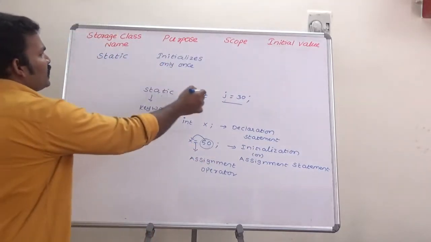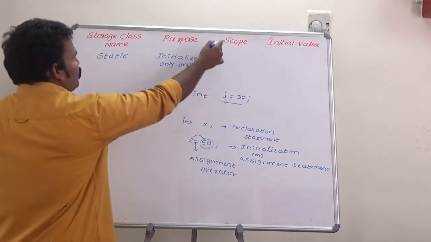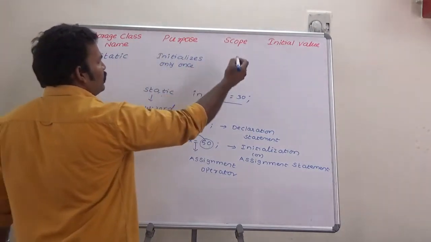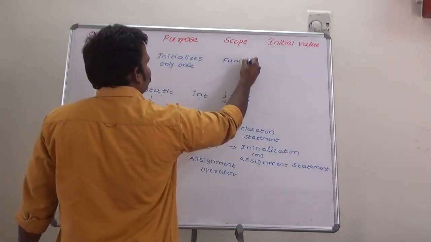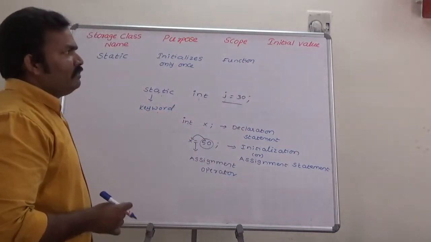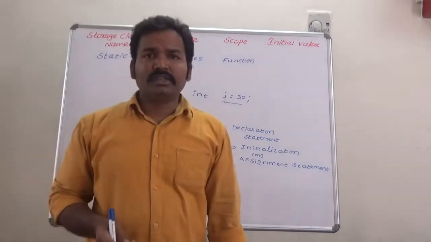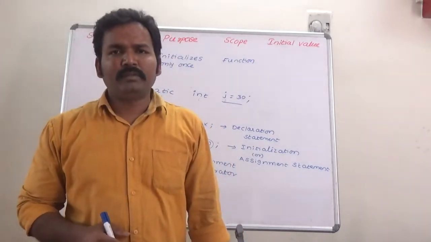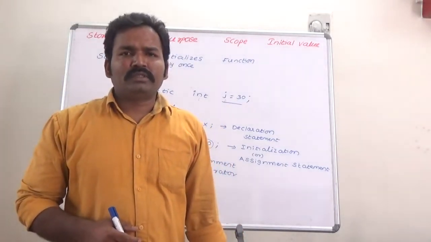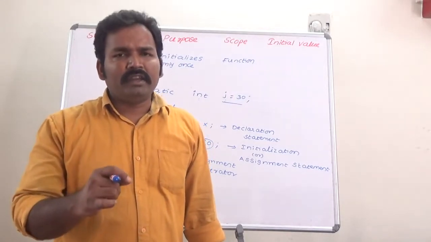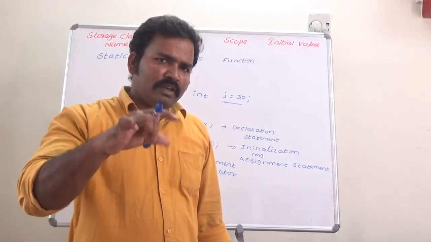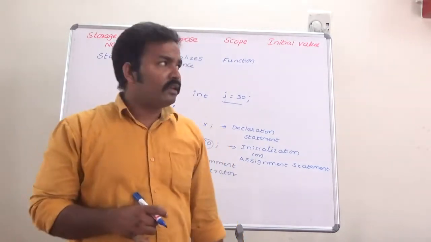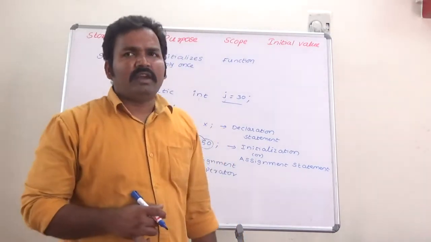Next, scope. The scope of a static variable is limited to the function only. That means we can access static variables only within the function in which we have declared them. Next, initial value.